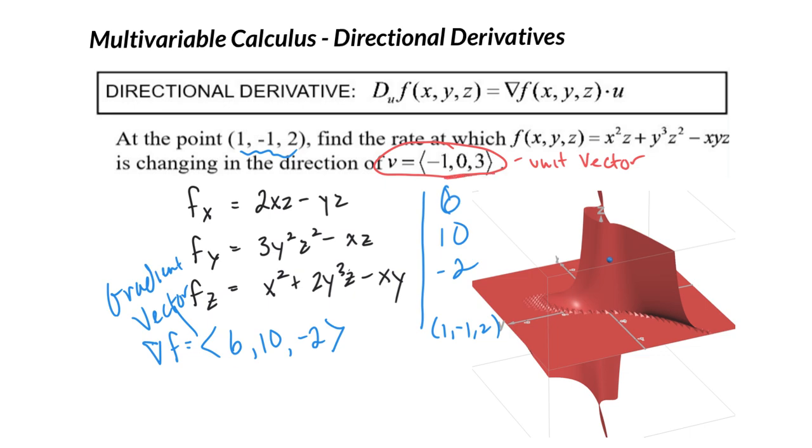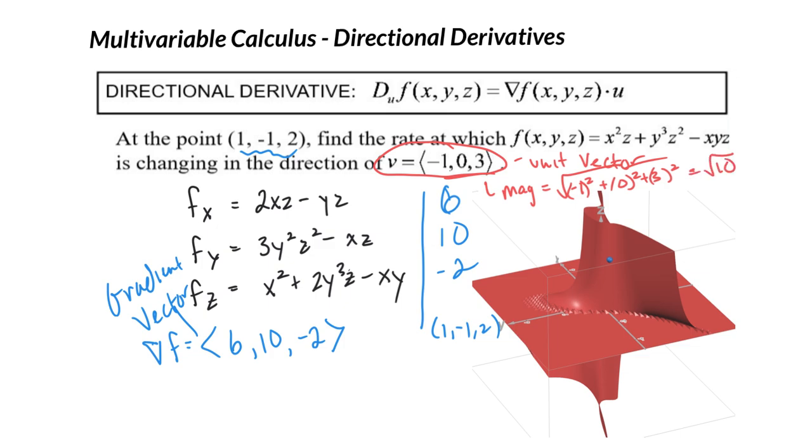So remember, to find a unit vector, we begin with the magnitude or length. So -1 squared plus 0 squared plus 3 squared. It's the square root of 10.